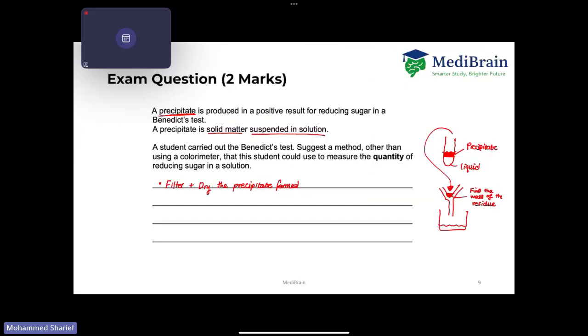And now you're going to find the mass of this solid, the residue. If you find the mass of the residue, that's telling you a quantified amount of reducing sugar that is present within the sample.